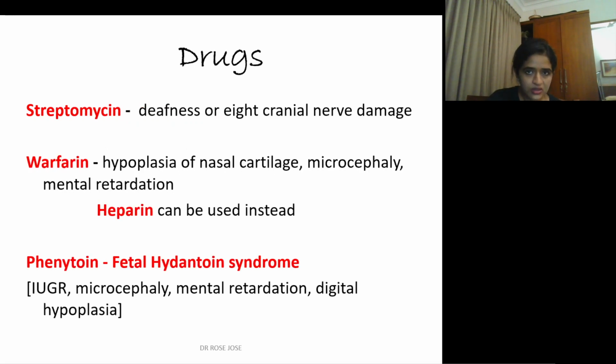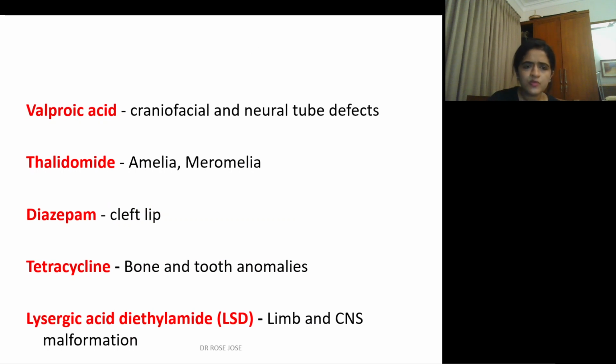Now let's discuss some of the drugs. Streptomycin, if taken, will result in deafness or 8th cranial nerve damage. Warfarin exposure will result in hypoplasia of the nasal cartilage, microcephaly, and mental retardation. So you can replace it with heparin. Phenytoin, if consumed by the mother, will result in fetal hydantoin syndrome, where you get IUGR, microcephaly, mental retardation, and digital hypoplasia.